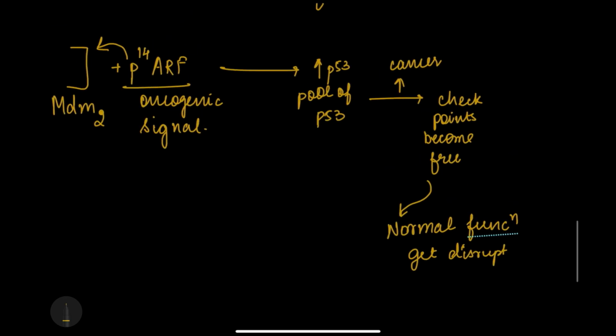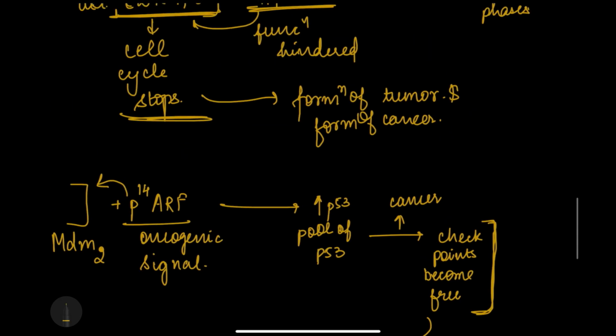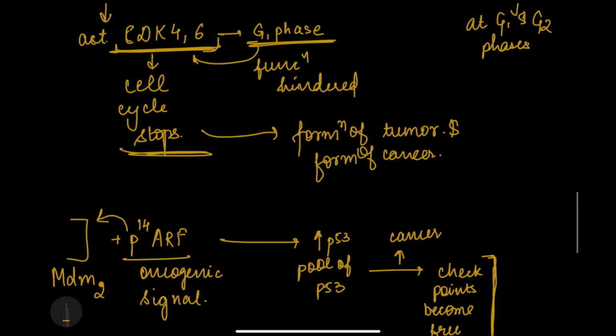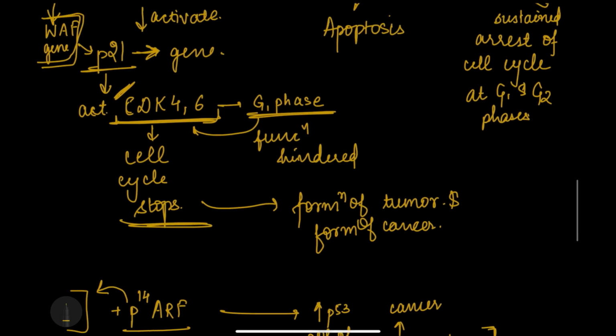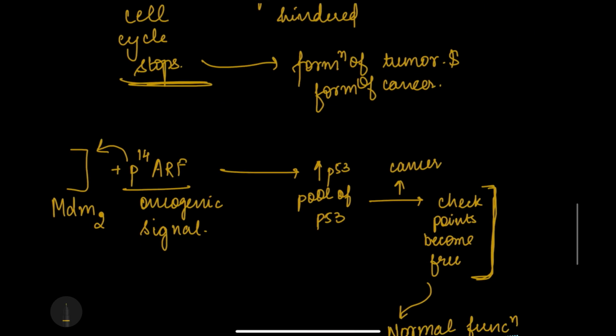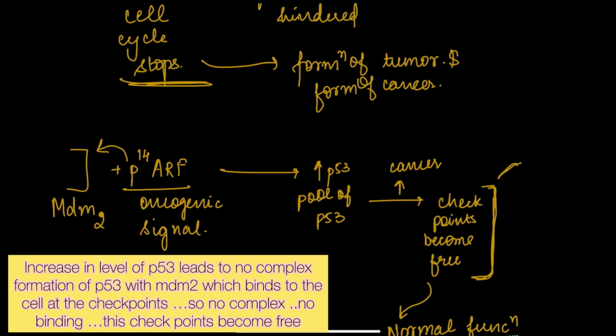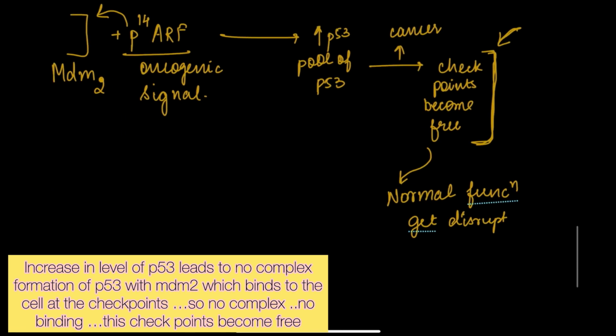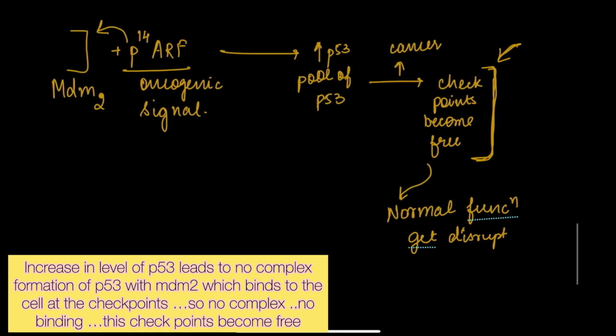You might be thinking how the checkpoints become free, because checkpoints are regulated by CDK4 and CDK6 where the p21 gene acts, right? So they become free, and the p53 pool becomes increased. Increased level of p53 causes cancer.